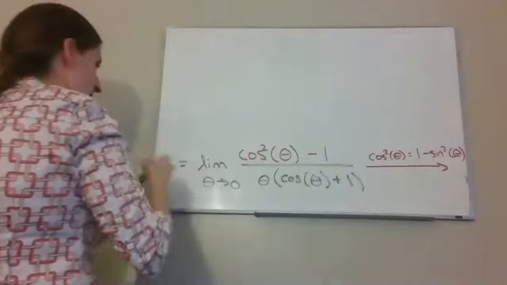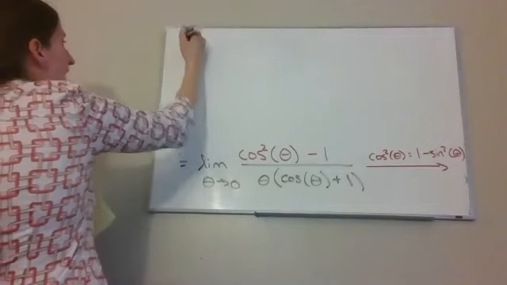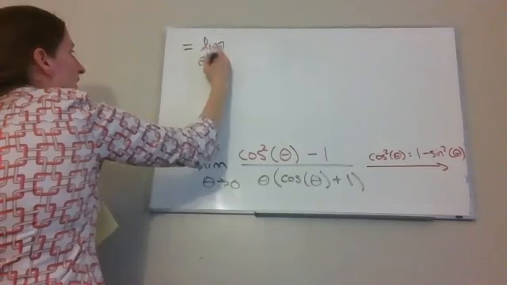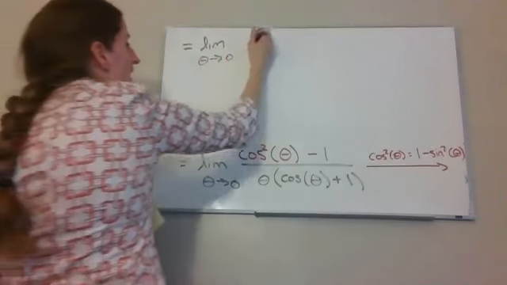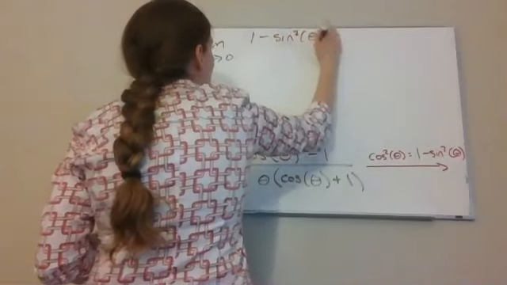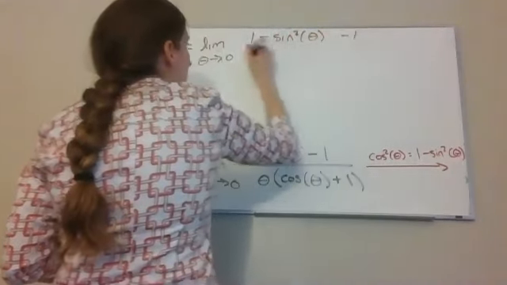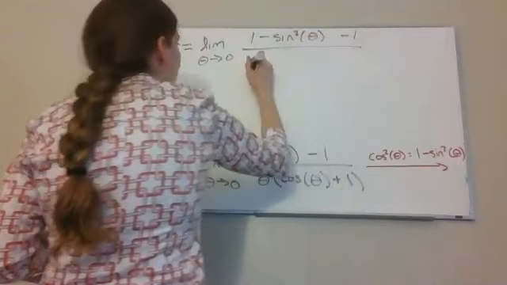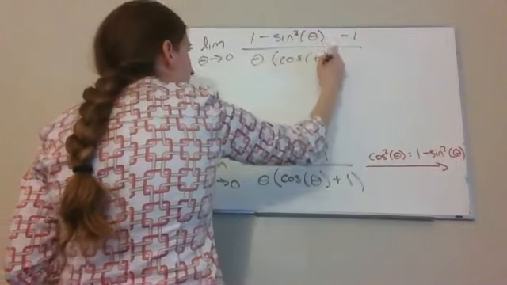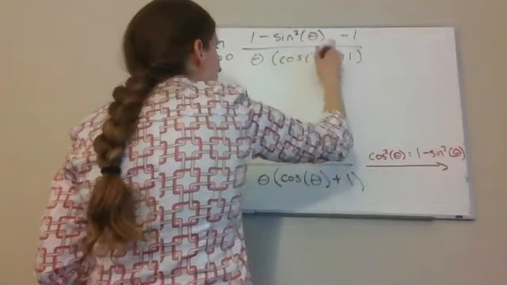Using that trig identity, I get the limit as theta goes to 0 of 1 minus sine squared of theta minus 1 all over theta times cosine of theta plus 1.